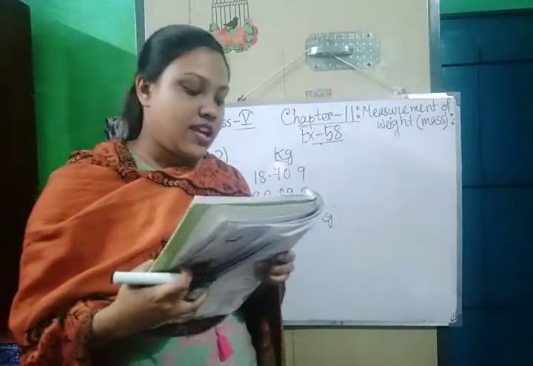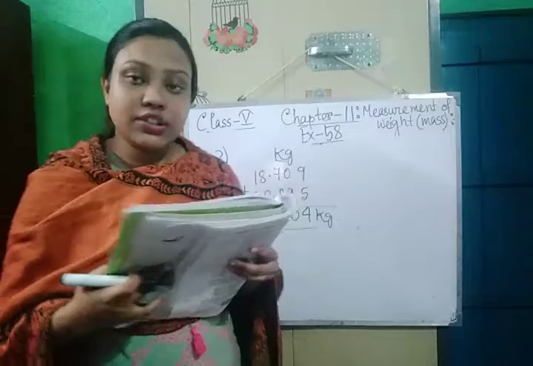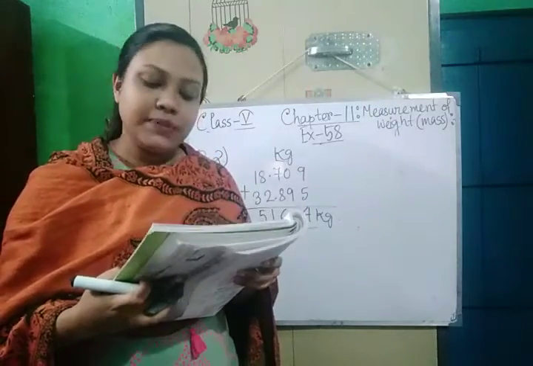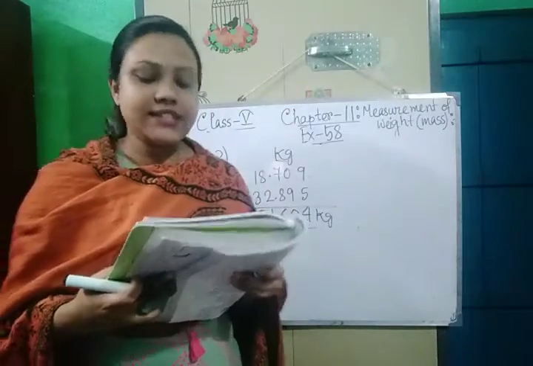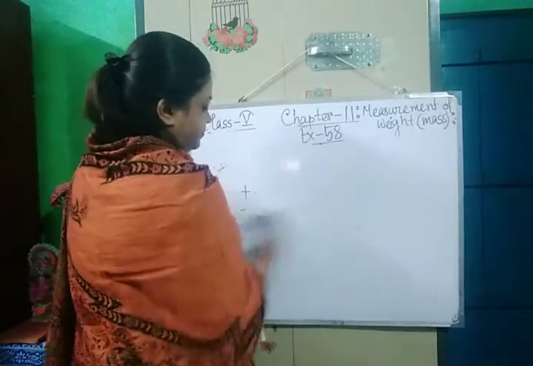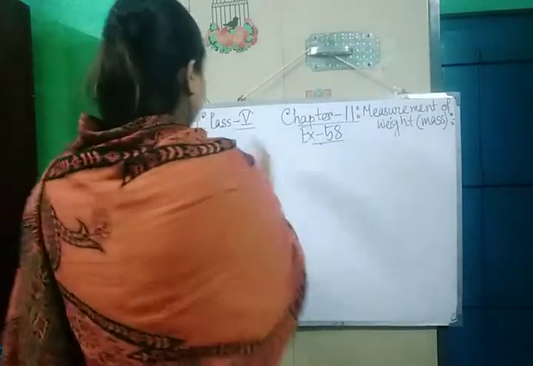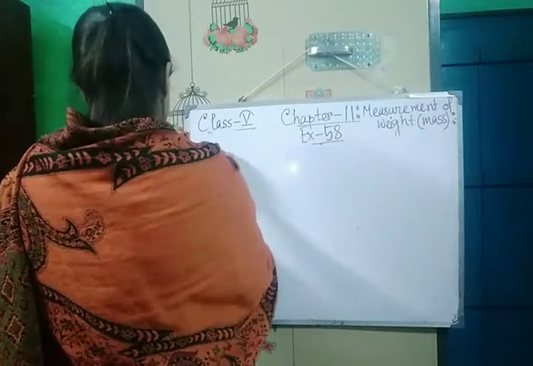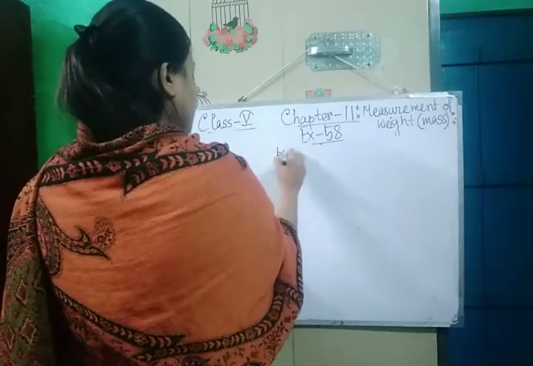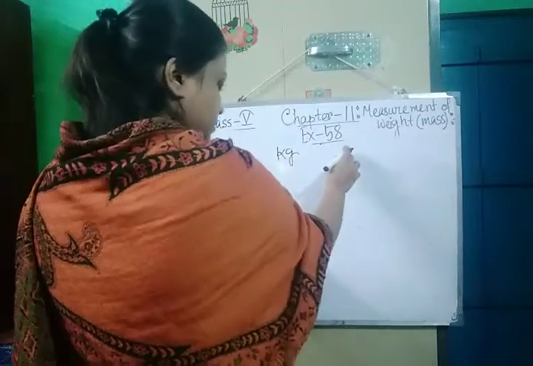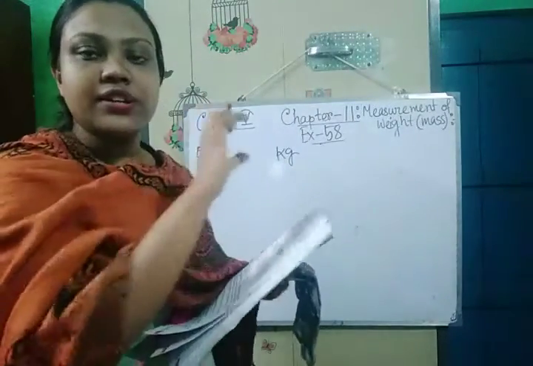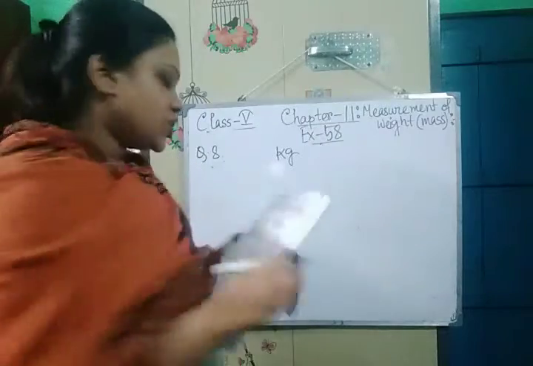Simple addition. Now when the masses are not arranged in column, how will we add? Simple addition again. Question number 8 I am doing for this. So I am just arranging them in column. First you can write kg and gram, or you can simply write kg and write the numbers after a point.